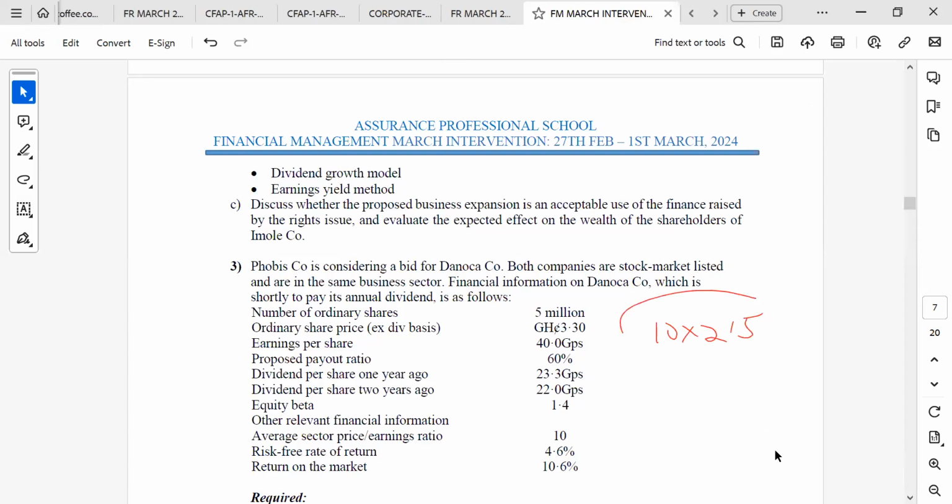That is the existing value of the company. That would be 25. Then they will now be having a share of what? The rights issue will be 5, isn't it? So that will give us a total value of 30.